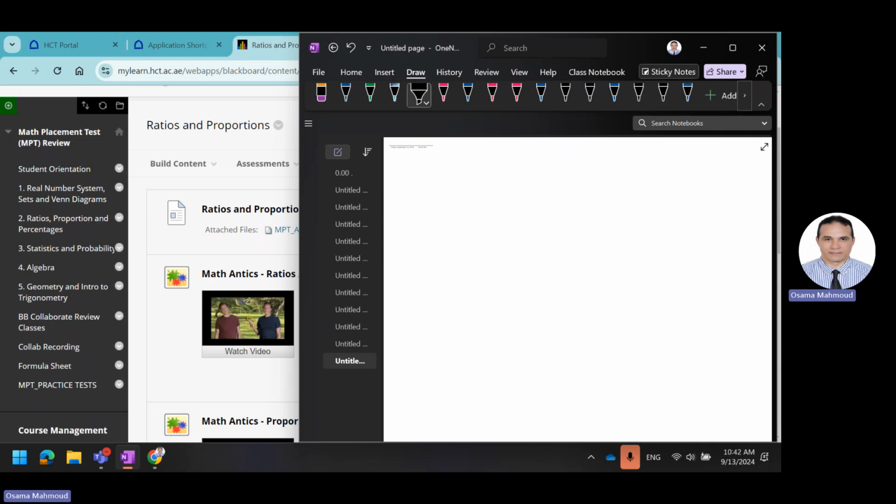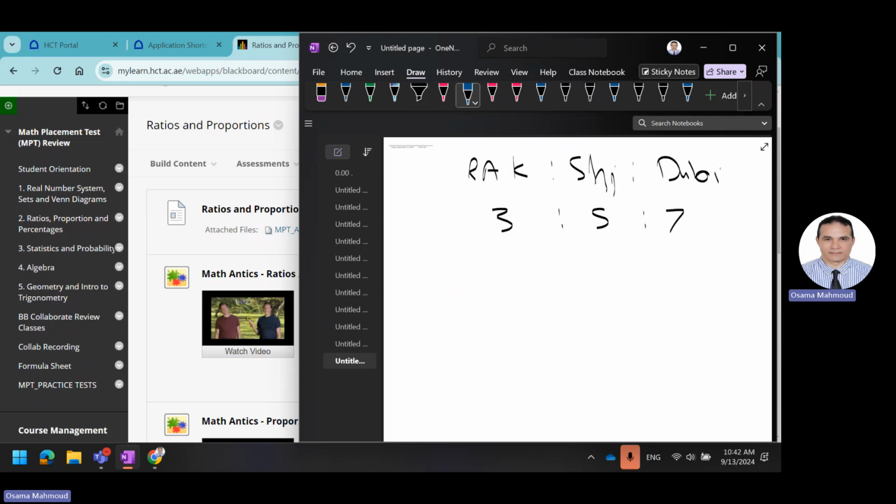Sometimes they give you a proportion between 3 things. If you are comparing 3 campuses, say Ras Al Khaimah and Sharjah and Dubai, and you have the proportion between all of these, if I know the number of students in one campus, I can know the number of students in the other campuses.